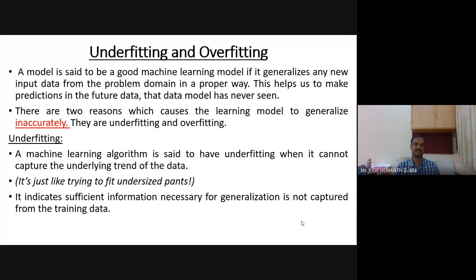It indicates that sufficient information necessary for generalization is not captured from the training data. Or, to say the sentence another way, insufficient data.